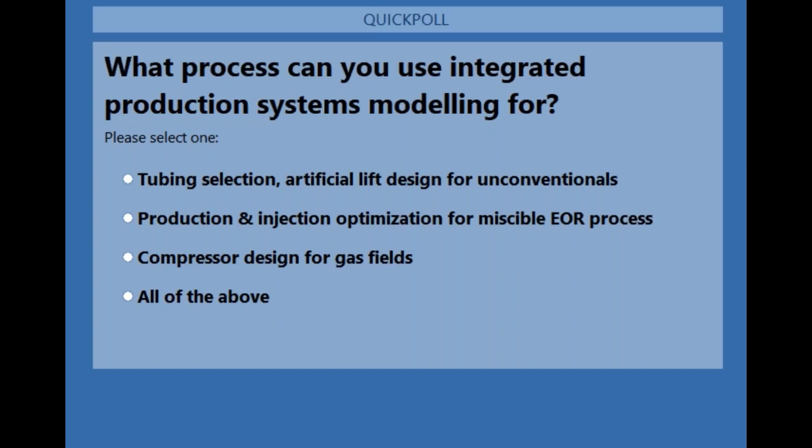Around 70% actually say all of the above, which is again in line with the workflow that we are proposing, that the entire system should be coupled together and looked into as a whole for the entire asset, so that you can maximize the deliverability, keeping in mind the constraints that are in the reservoir as well as in the network, and everything is handled together so that you can de-bottleneck the entire asset production system together. So back to you, Varun.